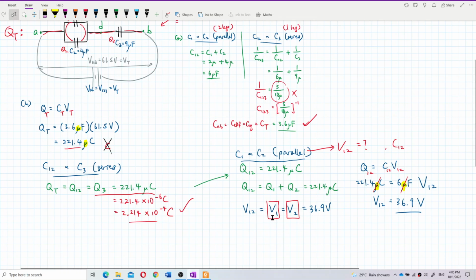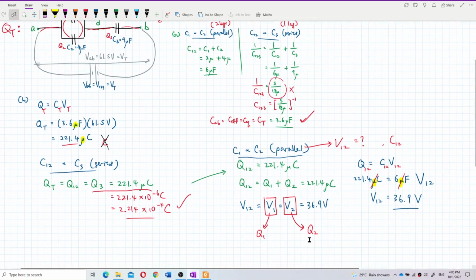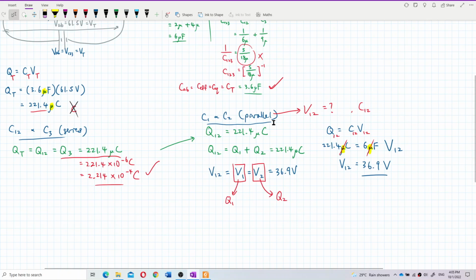And do you think this V1 and V2 will help us? Of course, it helps us to find the charge 1 and charge 2. How is it going to help? You can use back the formula Q equal to CV to find Q1 and Q2. Q1 is Q equal to CV.